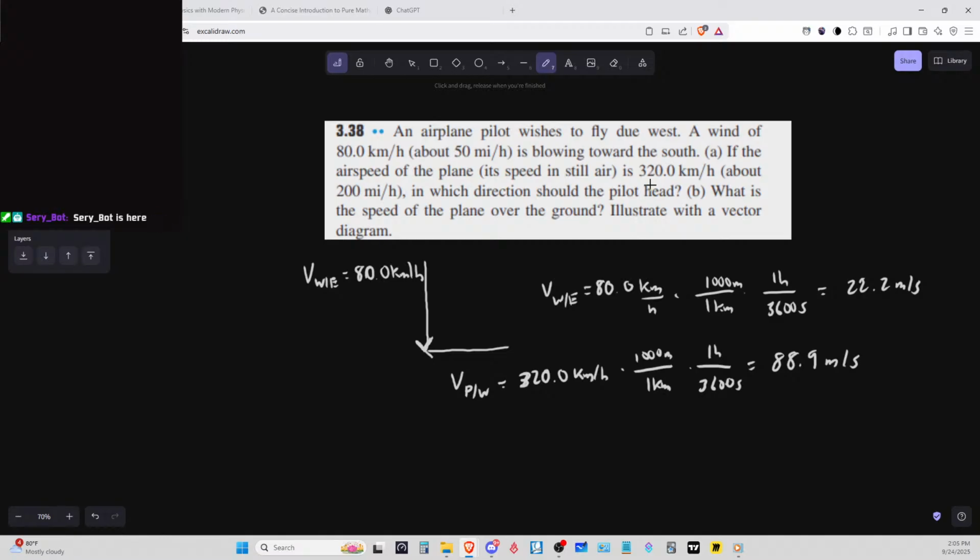Illustrate with a vector. Okay. Maybe we can draw a picture of the plane here. It's not a great drawing, but we'll just draw it like that. So the wind is blowing due towards the south.